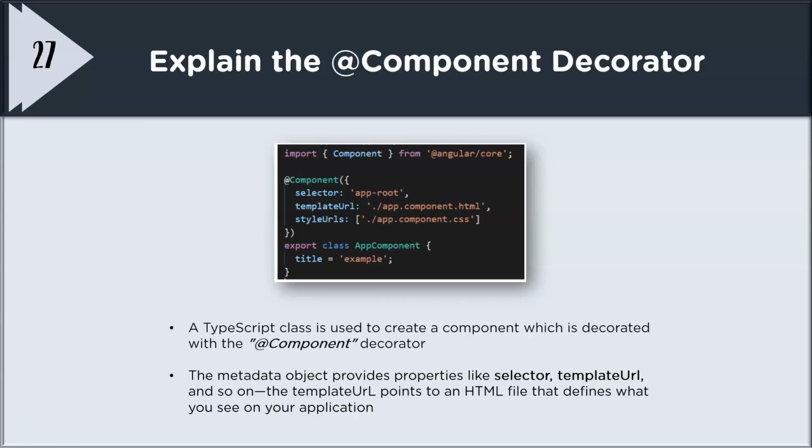The image above shows an app component, which is a pure TypeScript class decorated with the @Component decorator. The object that gets accepted by the decorator provides properties like templateUrl, selector, styleUrls, and many more. Here the templateUrl property points to an HTML file defining what you see on the application.